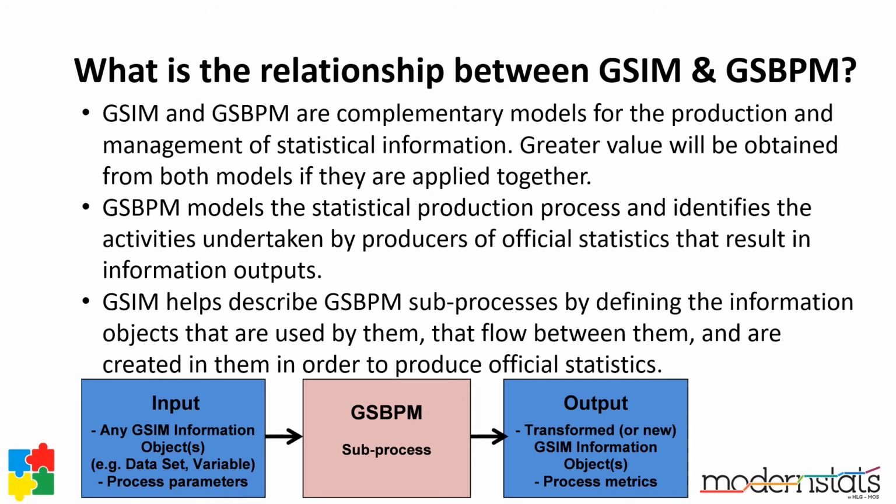And then on the output side, you have transformed or new GSIM information objects. You might transform your data set. You might derive some new variables. And you can monitor your process and measure it by process metrics.